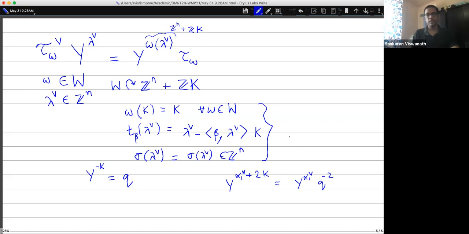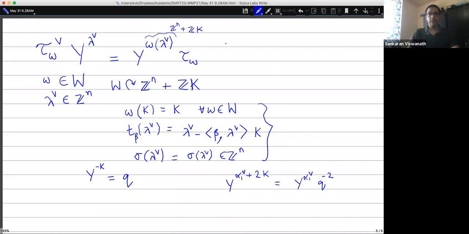You think of this as working in the group algebra of this larger lattice, one rank larger, and q is like e to the minus k. It's the additional element of the group algebra. Okay, but of course we have fixed q to be a constant complex number. So we make this convention.